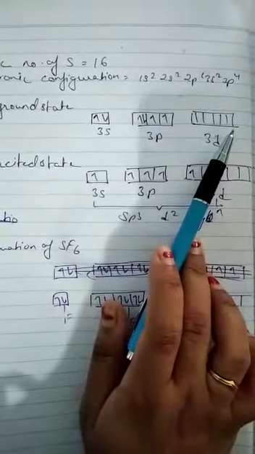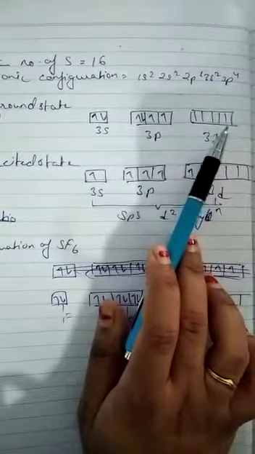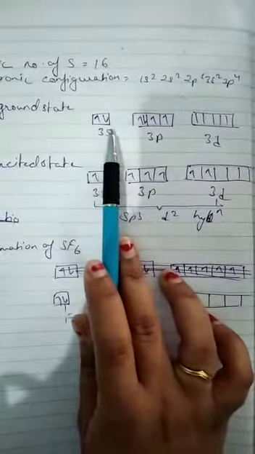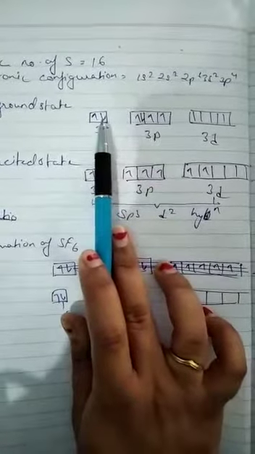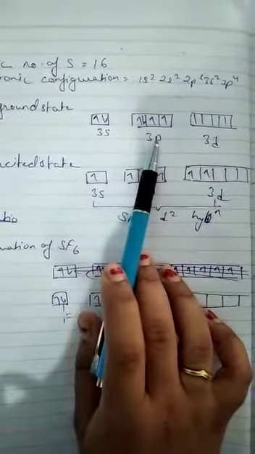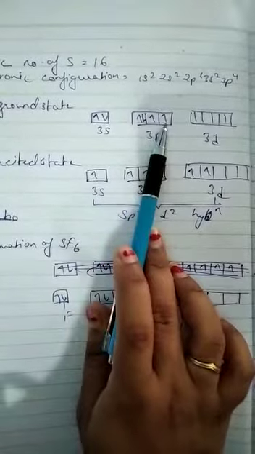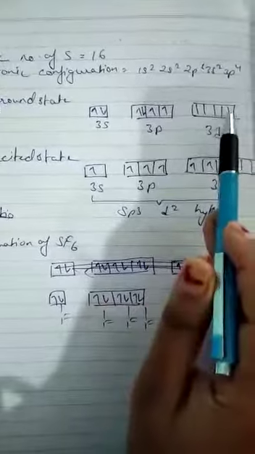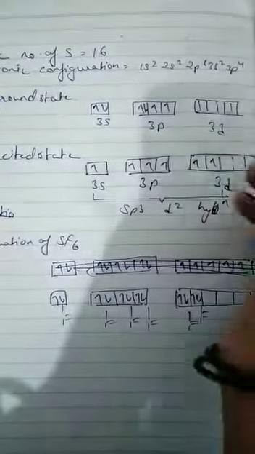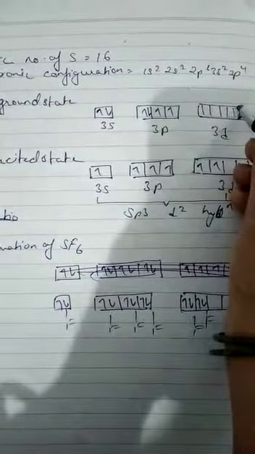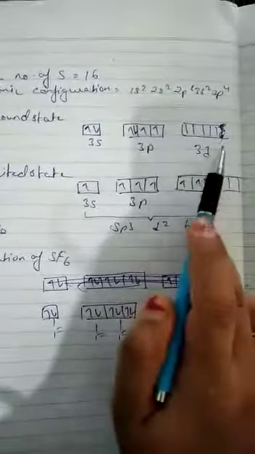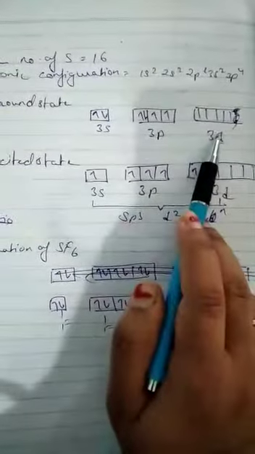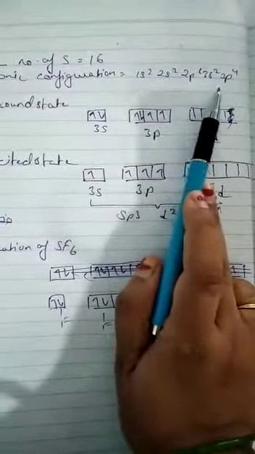So we have just drawn the orbitals present in it. s is having 1 orbital, p is having 3 orbitals, and d is having 1, 2, 3, 4 and 5 orbitals. So this is the orbital diagram of the outermost shell of sulfur in ground state.